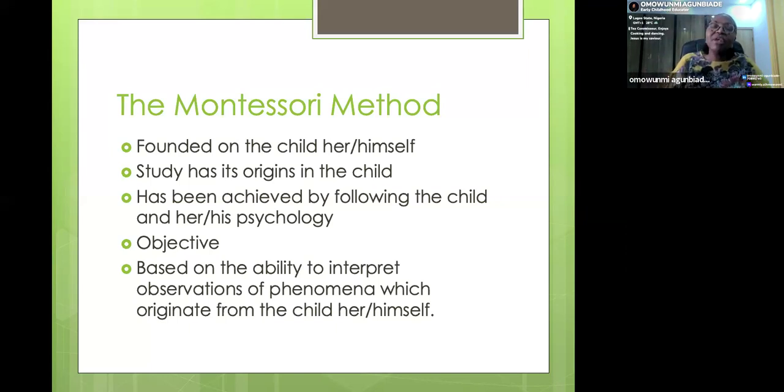But in a Montessori environment, every activity taking place is about the totality, is about the holistic development of the child. The physical is there, the mental is there, the emotion is there, body, soul, and spirit is all put together. All right?